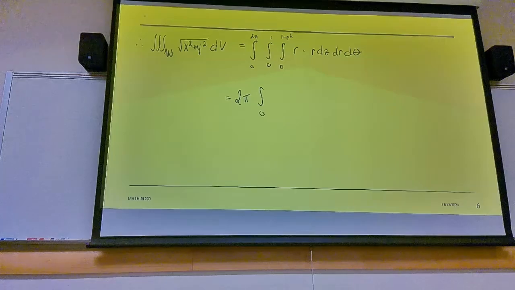Oh, actually, do three steps at once. There's no z either. What's the integral with respect to z? I'm blind as well. One minus r squared.